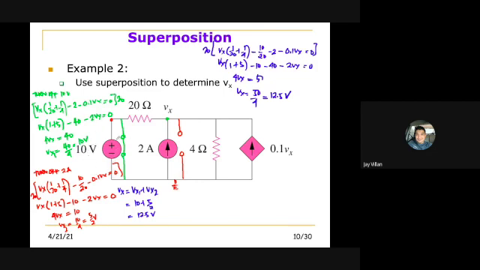Tama ang pag-apply og superposition. Okay? In reality, in problems, kung gihatag nga problem and then solve for Vx, it would be easier to solve using nodal analysis. But in order for you to show that superposition is true for this circuit, then you have to go through these two solutions in order to arrive at the final answer, which is 12.5 volts.